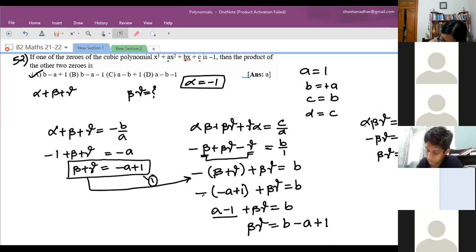Excuse me, ma'am. Yes. Ma'am, could you please repeat the answer to number 50? X cube minus 2x square minus 7x plus 14. Okay, ma'am.